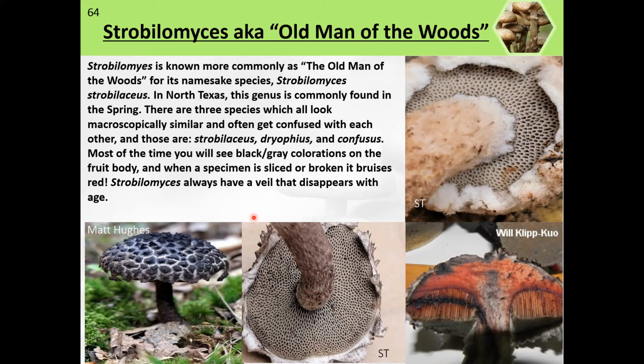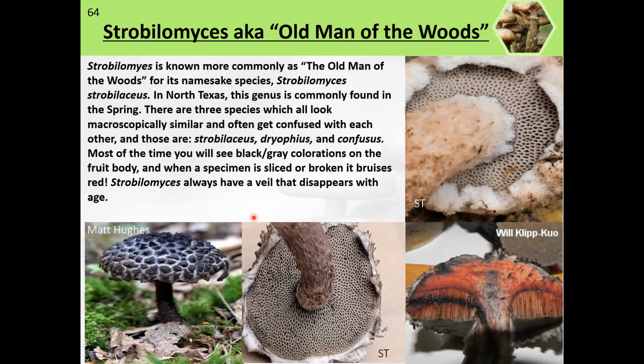Strobilomyces is more commonly known as the old man of the woods for its namesake species, Strobilomyces strobilaceus. In North Texas, we get all three of these species: strobilaceus, dryophilus, and confusus. And confusus, not to say the least, because it is confusing to separate these apart from each other. The dryophilus will typically have a little bit of a lighter coloration, as you see in this specimen here.